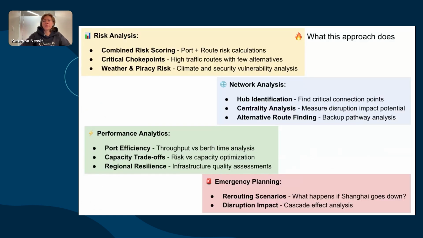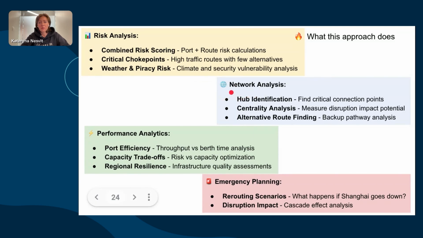So what this approach does is we can do a lot of risk analysis to calculate the different risk in the ports and the roads. We can predict the weather risk, any changes in the climate.